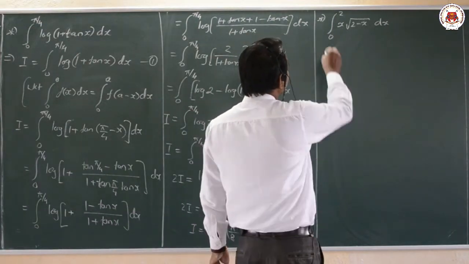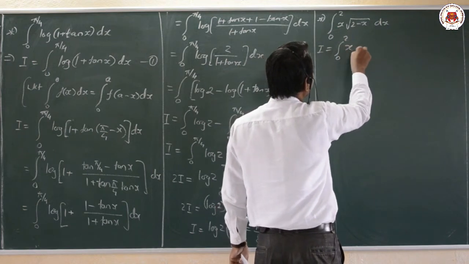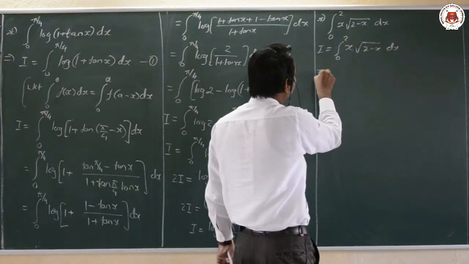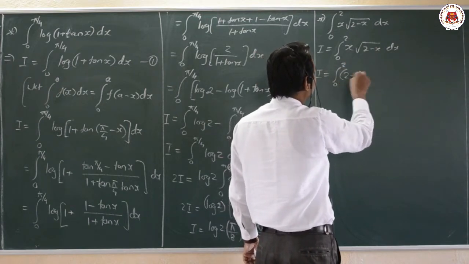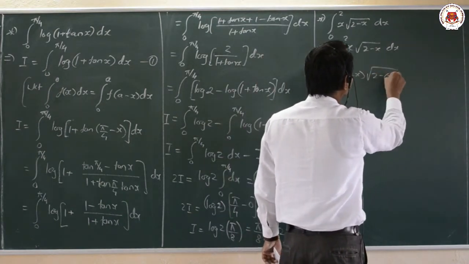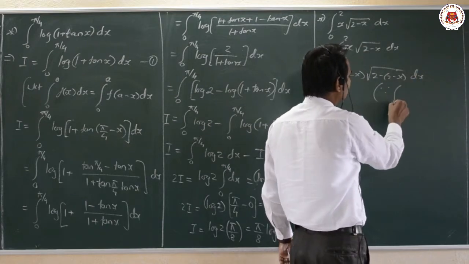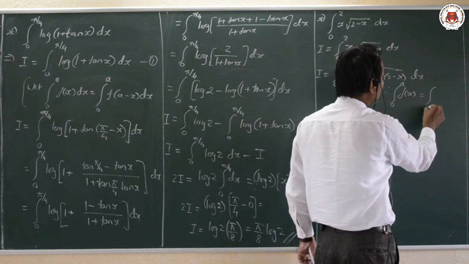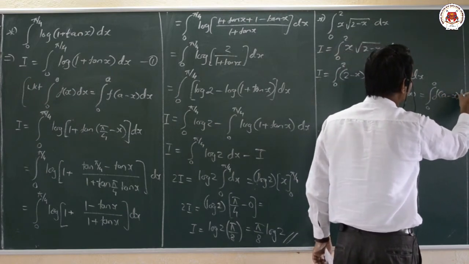Let us take the question as I equal to the integral from 0 to 2 of x into root of 2 minus x dx. Now I can rewrite it as the integral from 0 to 2 of 2 minus x into root of 2 minus of 2 minus x dx, because of the property integral 0 to a of f of x equals integral 0 to a of f of a minus x dx.